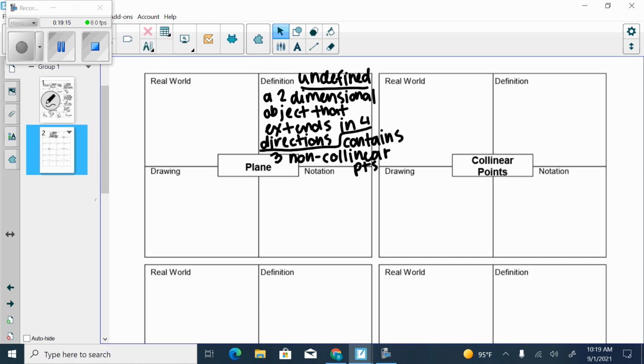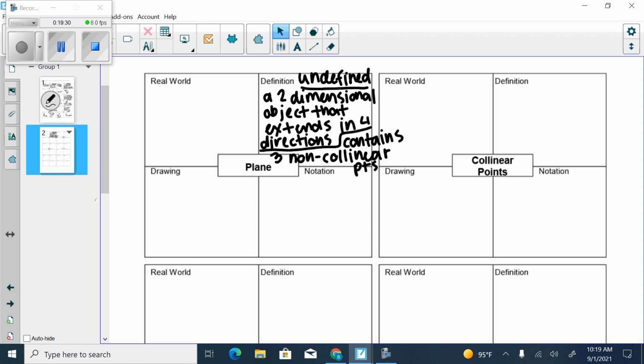Okay. So you guys kind of already have an idea of what that looks like if we compared it to a coordinate grid. Whenever we have a coordinate grid, it goes left and right both directions, and it goes up and down. So that's the four directions it's referring to.